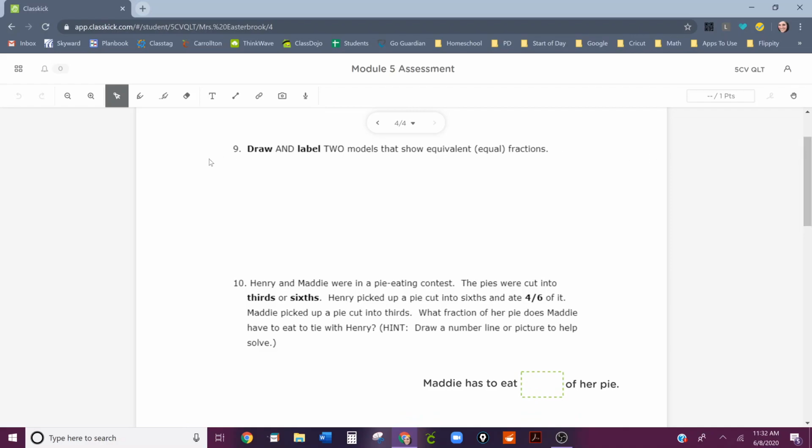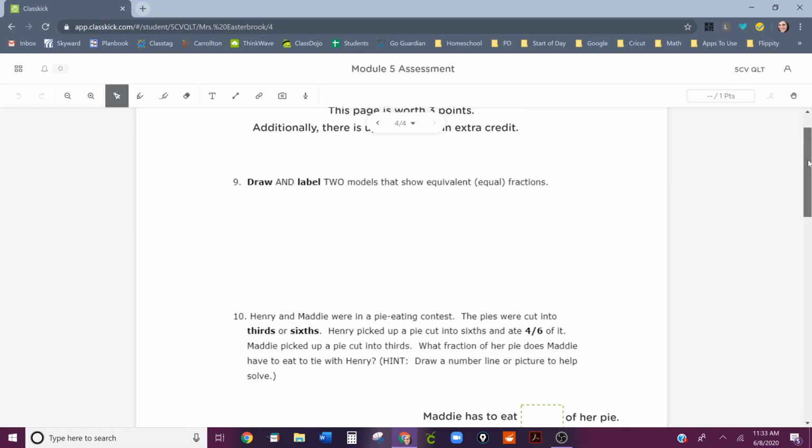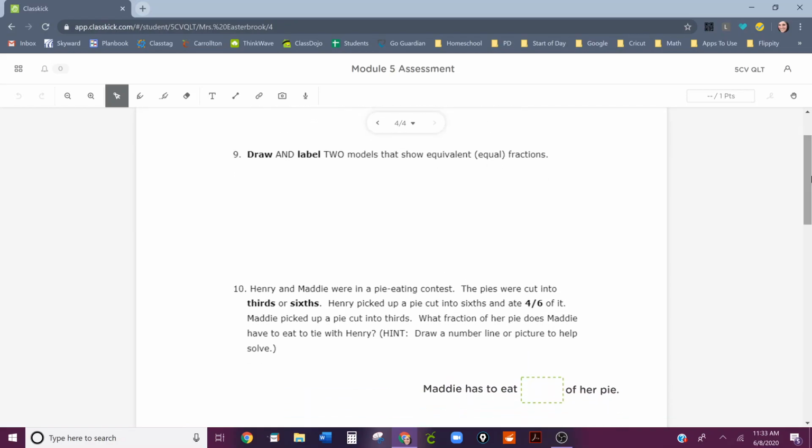Number 9, draw and label 2 models that show equivalent or equal fractions. So this was kind of left up to you to choose whatever fraction you wanted, and you had to draw and label it.